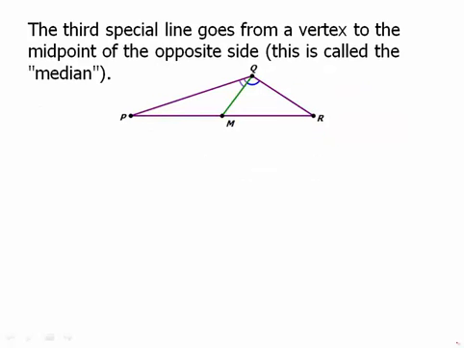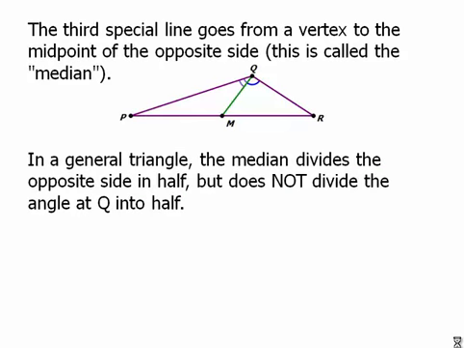The third special line goes from the vertex to the midpoint of the opposite side, and this is called a median. And so here, M is definitely the midpoint of the opposite side, so we're drawing the line from Q to M. In general, the median divides the opposite side in half, but does not divide the angle at Q in half.